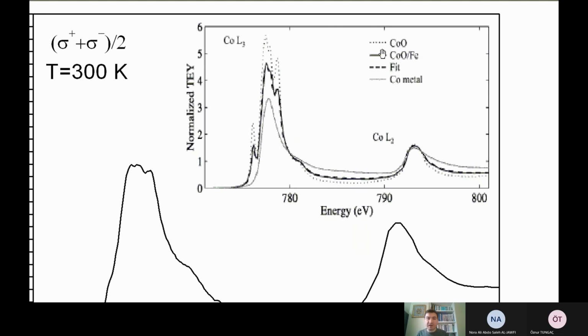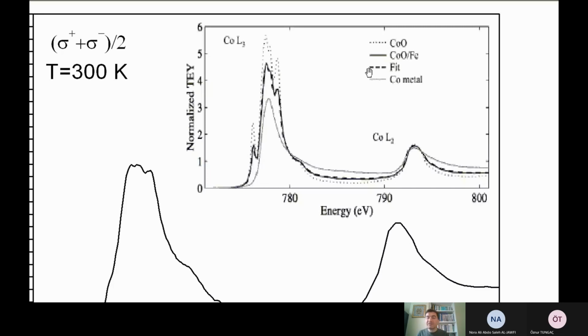The first dashed line shows us the data from the cobalt oxide. And here we have a solid line which includes data from cobalt oxide on iron. This solid black line comes from the cobalt oxide on iron.